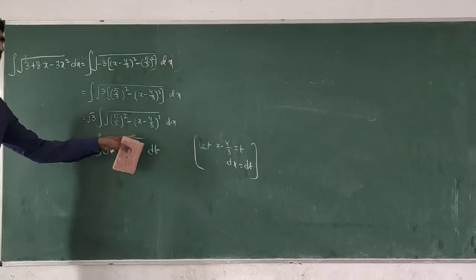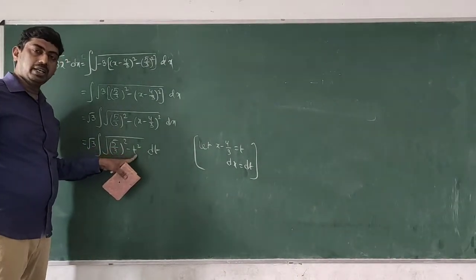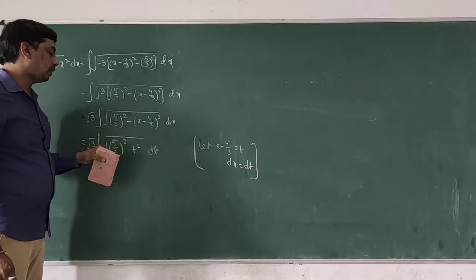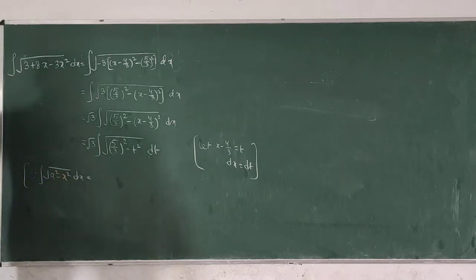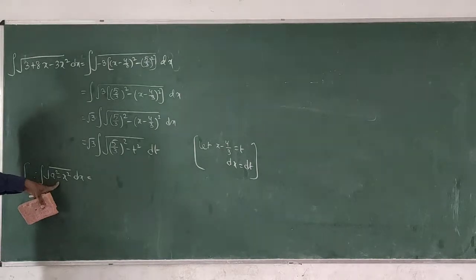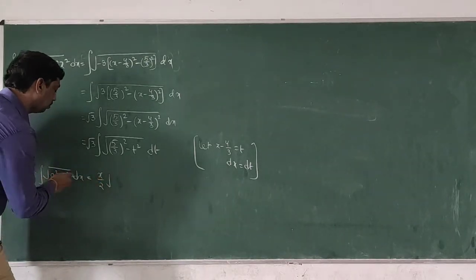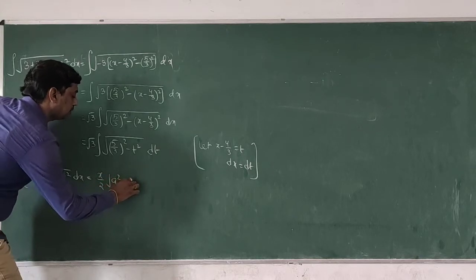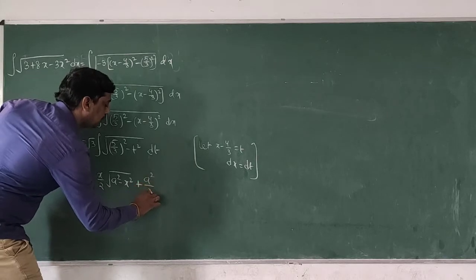Now this function is in the form of, if 5 by 3 is treated as a and t treated as x, square root of a square minus x square dx. We know the formula. What is that formula? Integration of square root of a square minus x square dx is x by 2 into square root of a square minus x square plus a square by 2 into sine inverse x by a.